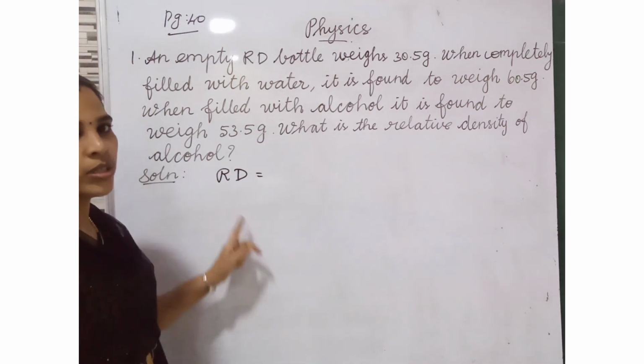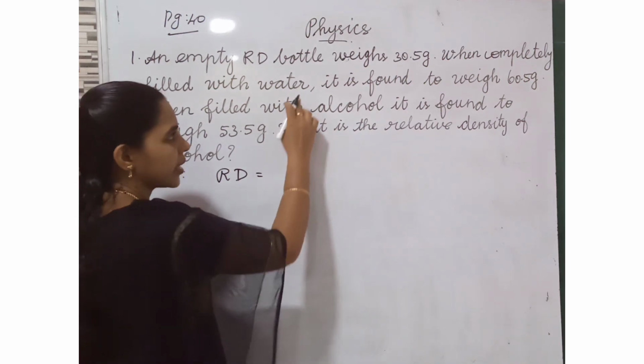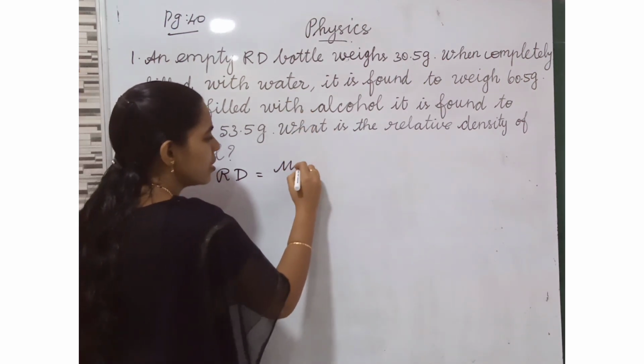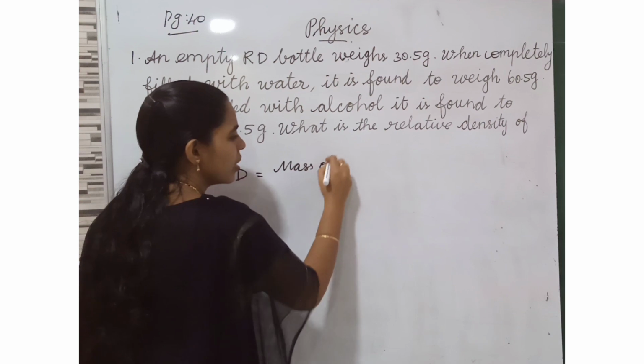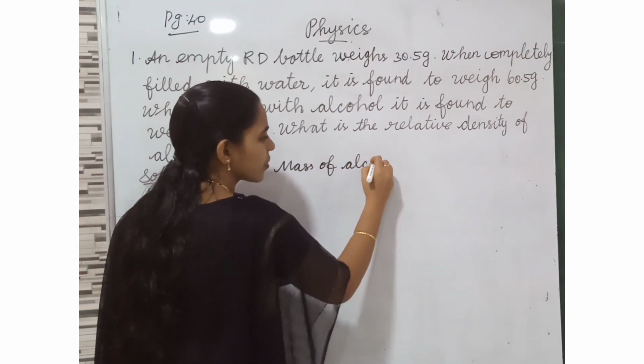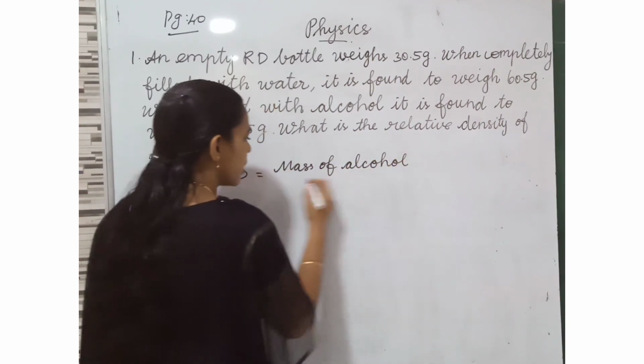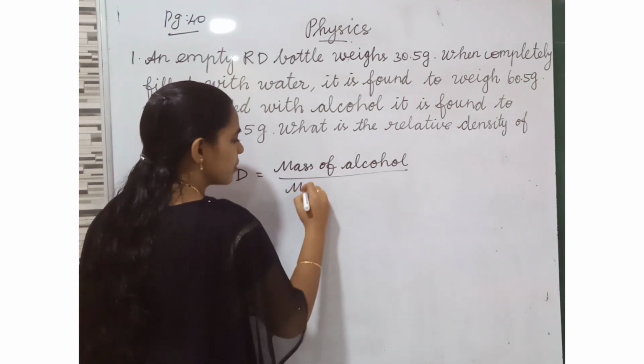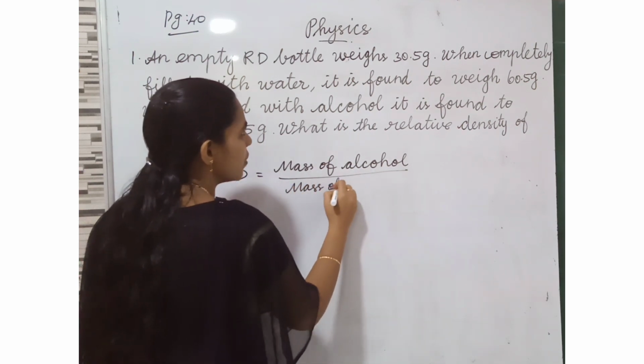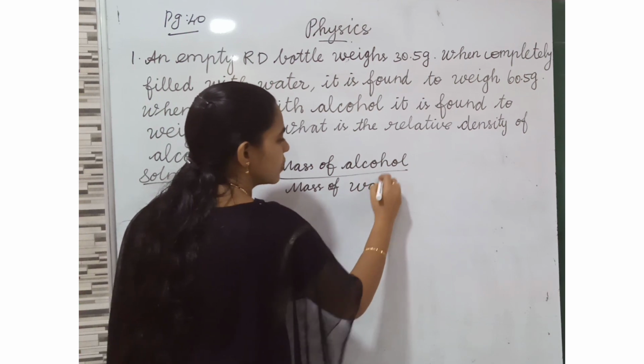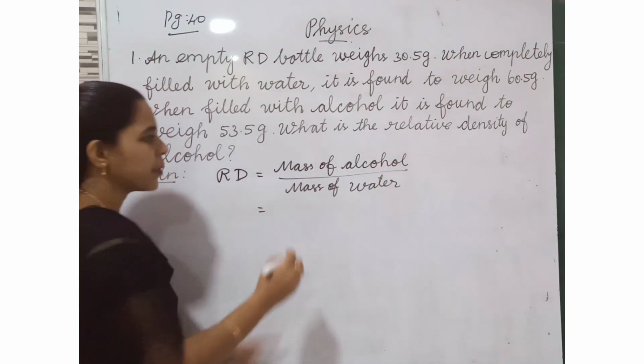RD is equal to mass of alcohol, here the liquid is alcohol, divided by mass of water. Okay? How to find mass of alcohol?